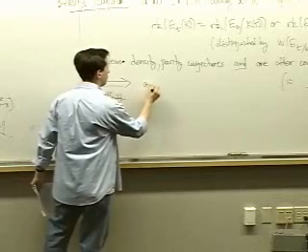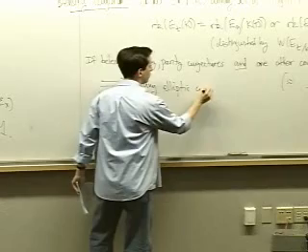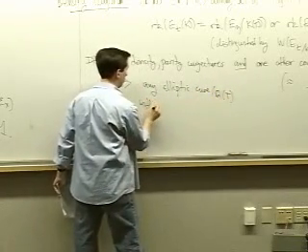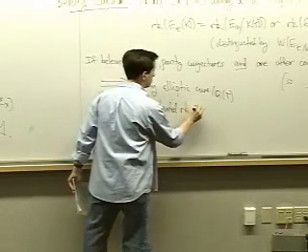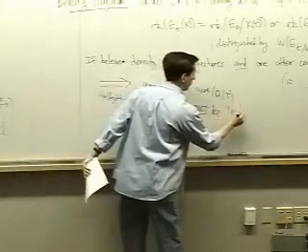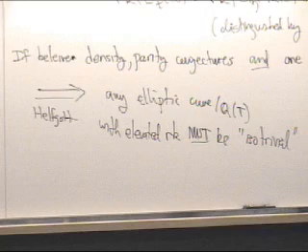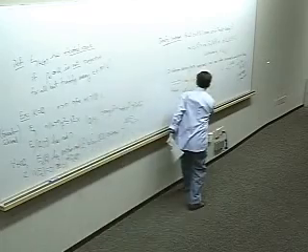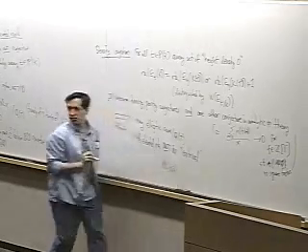that any elliptic curve over Q(t) with elevated rank must be of this sort, isotrivial. Meaning it must be a family of quadratic twists, and what I really mean here is that the j-invariant has nothing to do with t.